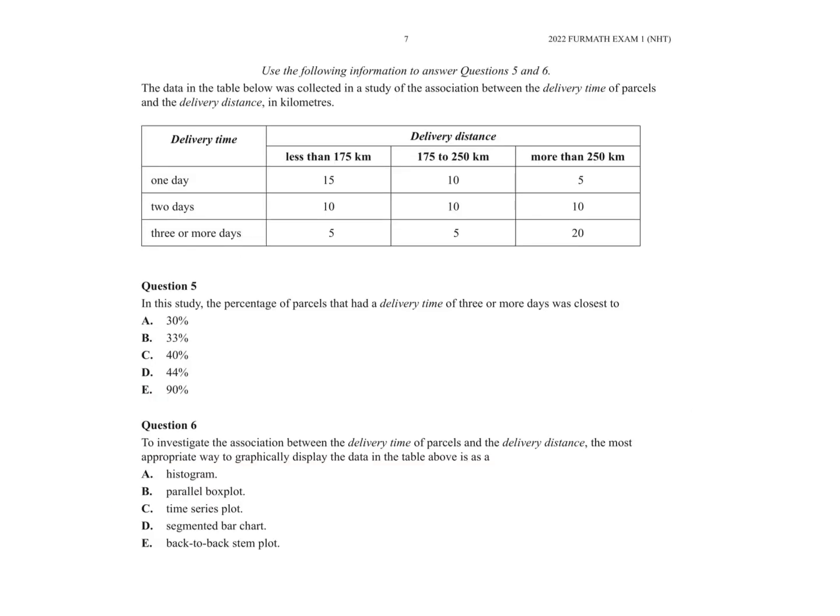The following questions are for 5 and 6, so just take note that we are using the same thing. It says in this study, the percentage of parcels that had a delivery time of 3 or more days was closer to. So 3 or more days was along here. Because they're asking me for percentage, remember percentage equals amount over total.